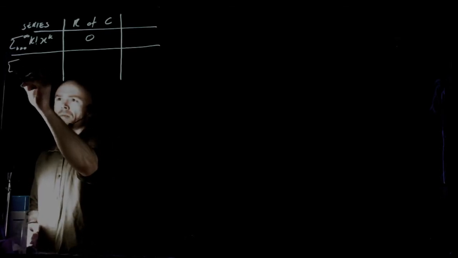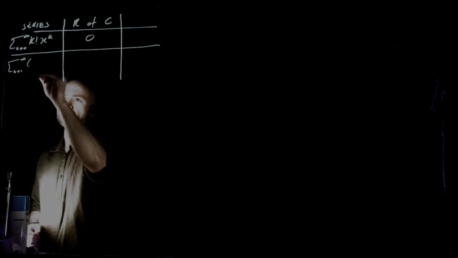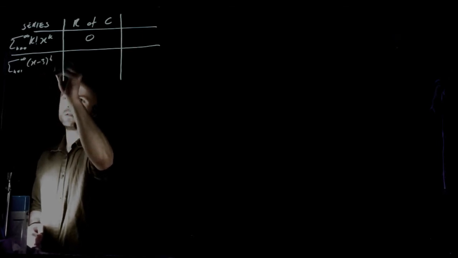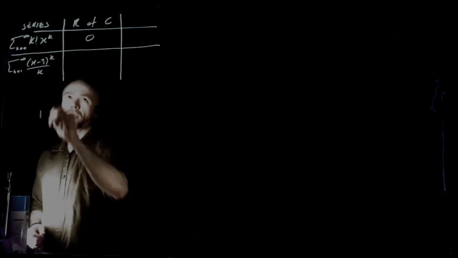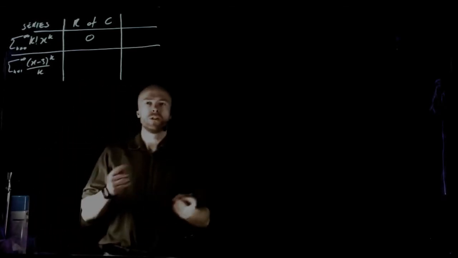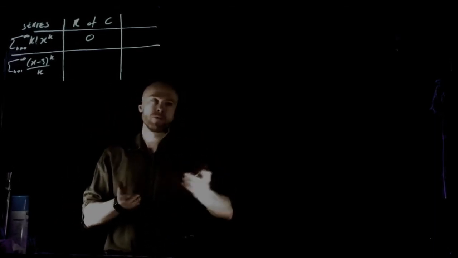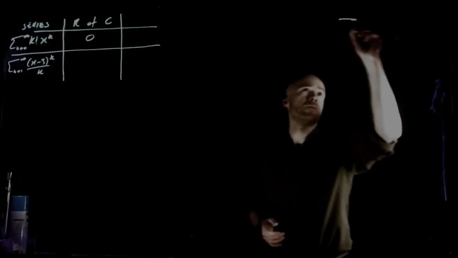I'm going to fill out this third box in a second. What was the next example? It was a sum from k equals 1 to infinity of (x minus 3) to the k over k. And what was the radius of convergence? Well, we found it converged so long as the absolute value of x minus 3 was less than 1, right? So this is the picture.